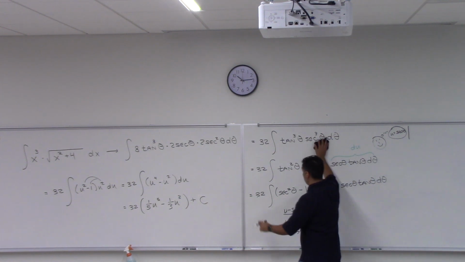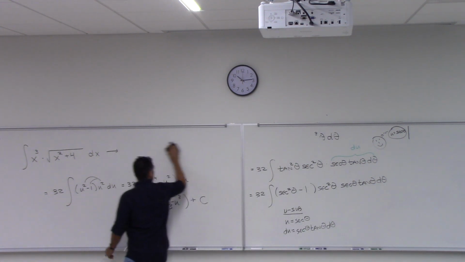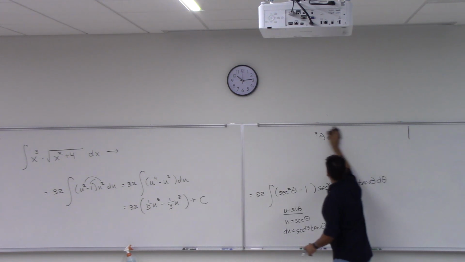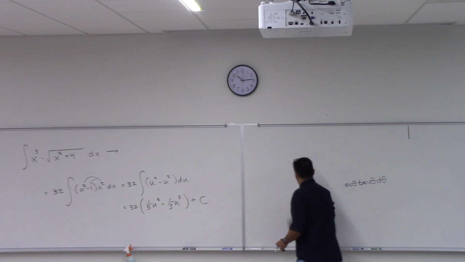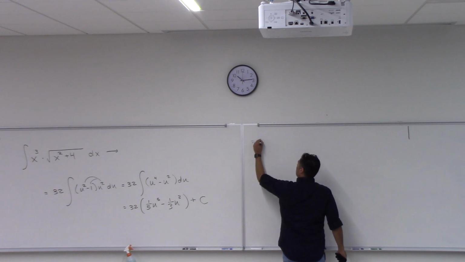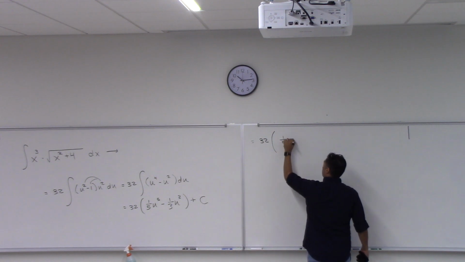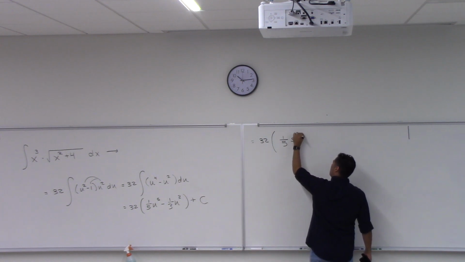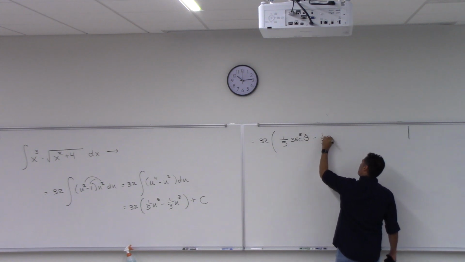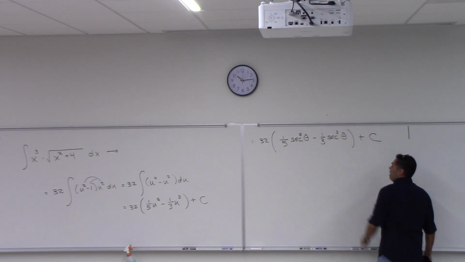Okay, so coming up here now. So we have 32. Okay, 1/5 u to the fifth, but u was secant. So I'm going to put secant to the fifth theta minus 1/3 secant cubed theta plus c.